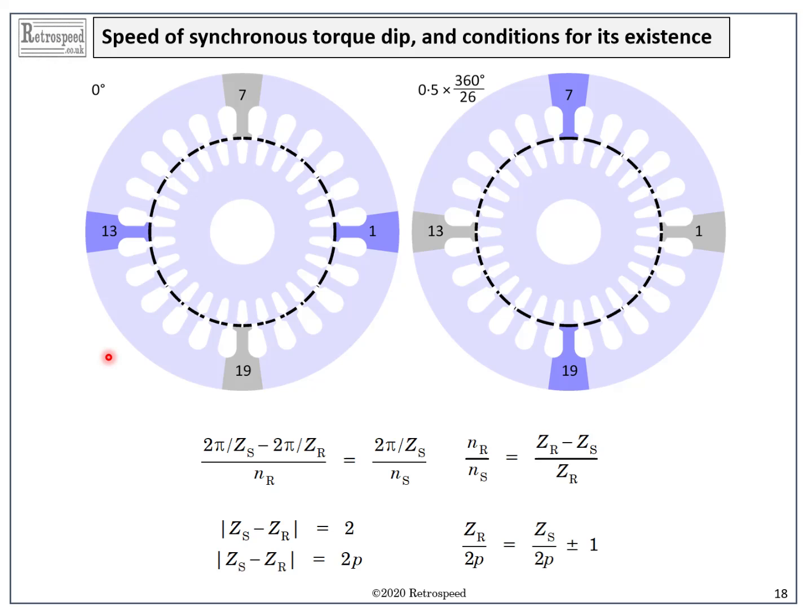In the left-hand diagram, the rotor is in such a position where we have perfect alignment between two pairs of stator and rotor teeth. Stator tooth number 1 at 0 degrees and number 13 at 180 degrees. In the orthogonal axis, we have an unaligned condition at tooth number 7 at 90 degrees and tooth number 19 at minus 90 degrees.